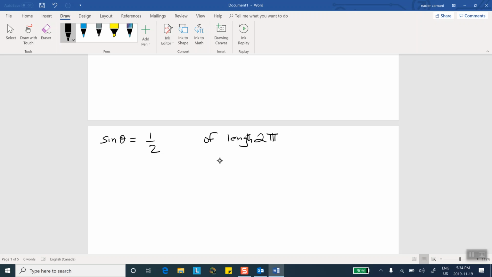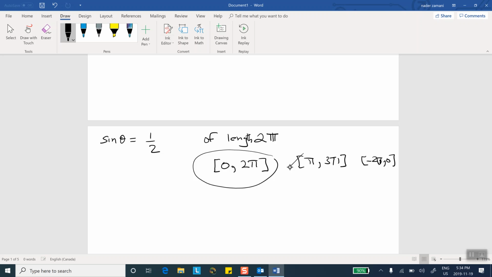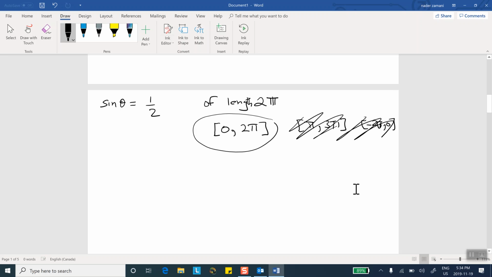For example, you can say, all right, I'm going to concentrate on 0 to 2 pi. This is length 2 pi. Or I'm going to concentrate on, for example, let's hypothetically say pi and 3 pi. That's fine. Or you can say from minus 2 pi to 0. See, these all have length 2 pi, and it looks like this is perhaps the easiest one to concentrate on, at least for now.